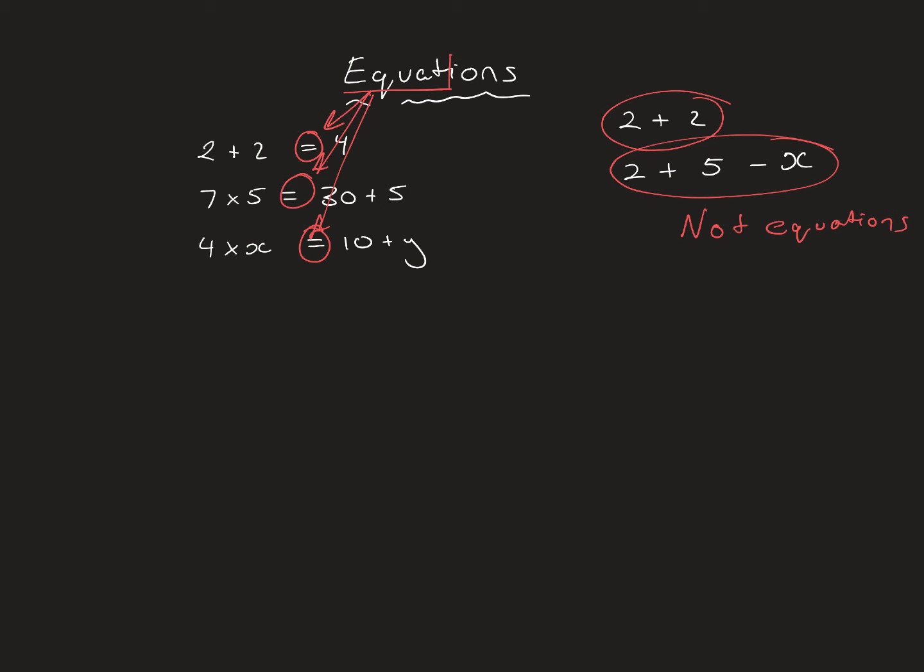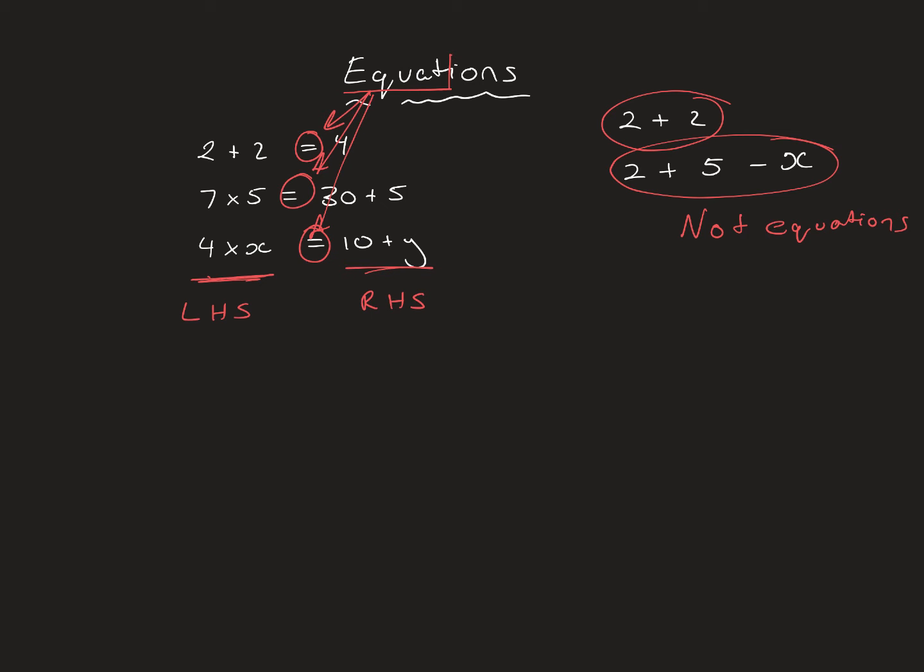Basically, an equation has to equate two parts. We call those parts the left-hand side and the right-hand side, and I'll write it like this. All right, left-hand side, right-hand side. And the way to solve an equation is to make sure that those two sides are in balance or equal to each other.